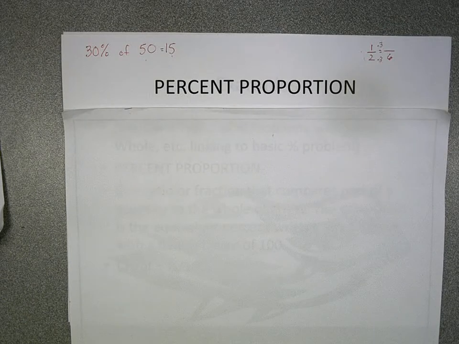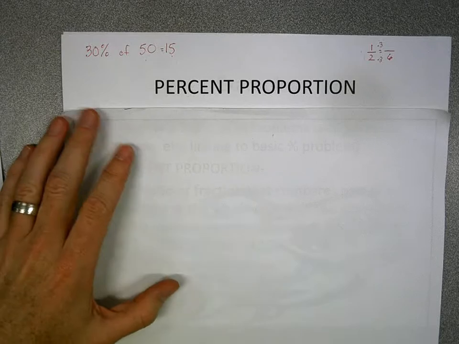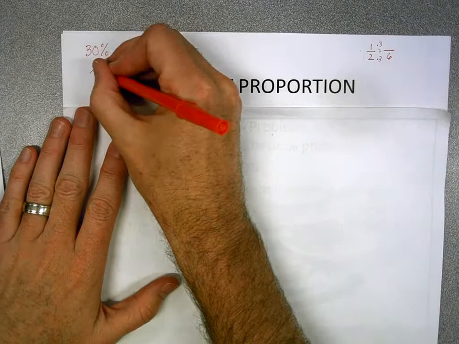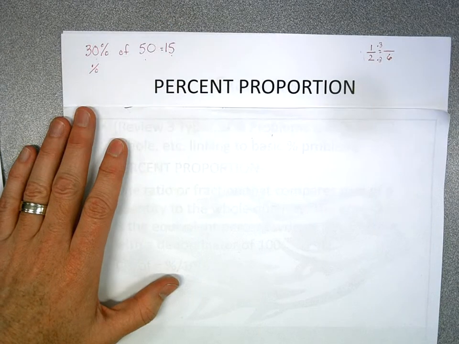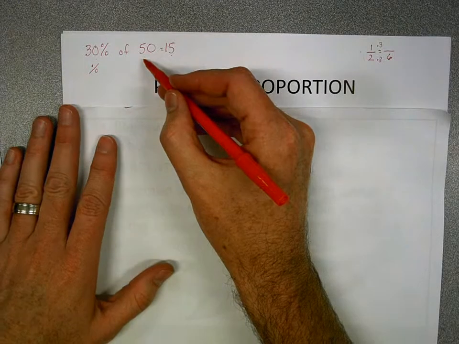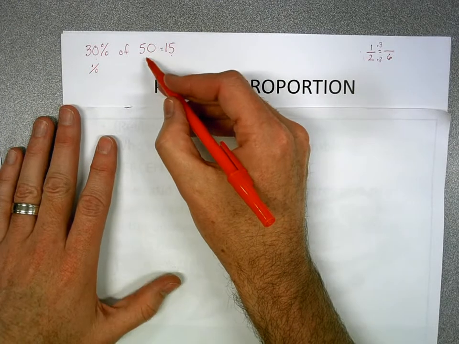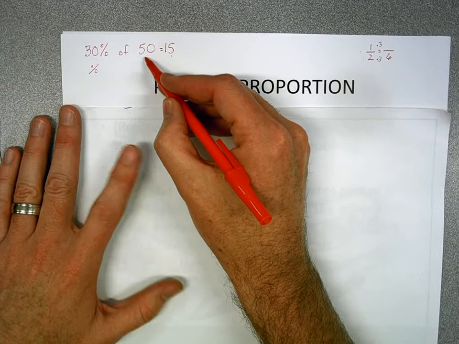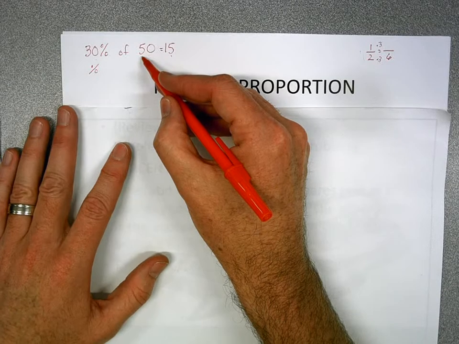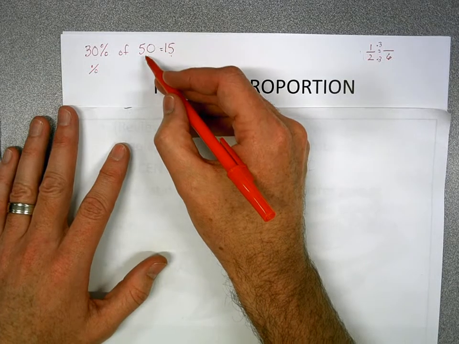Now here's what I want to introduce to you guys. A percent problem will have 3 different elements, 3 different parts. It will have the percentage, of course. This number here in my little fake problem, the jeans costing $50, is the regular price of the jeans.